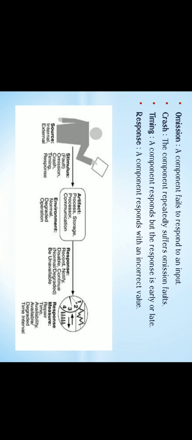When it is not available, we get these kinds of faults: omission, crash, timing, and response in the stimulus. In the response measure, it can be measured using graphs like pie charts, etc., where we can see repair time, availability, degraded, and time interval.